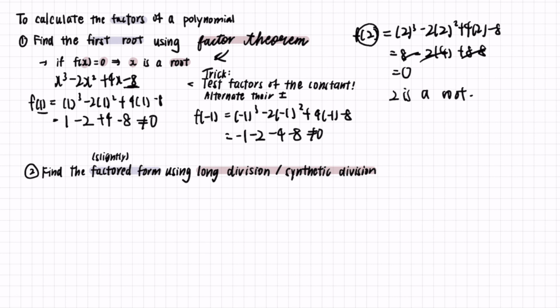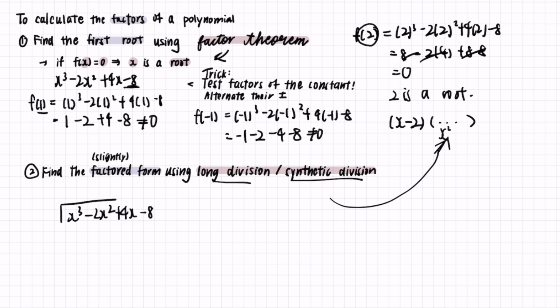And then when you write this into a linear form, it is x minus 2 and then some polynomial that is in the power of 2. So the next step is to find this using long division or synthetic division. In long division, you just need to copy down the polynomial.